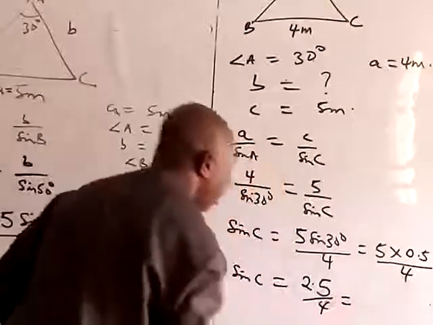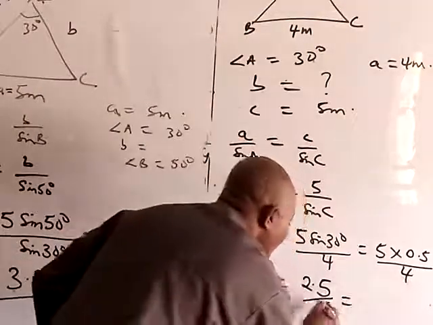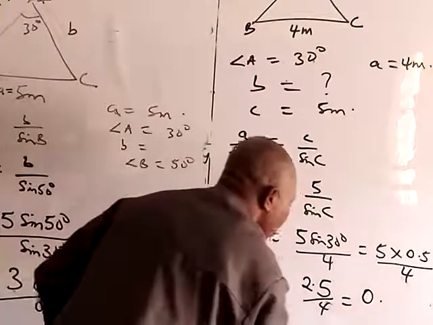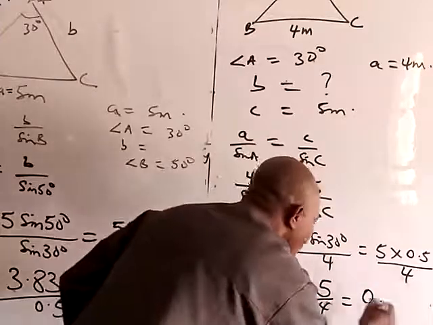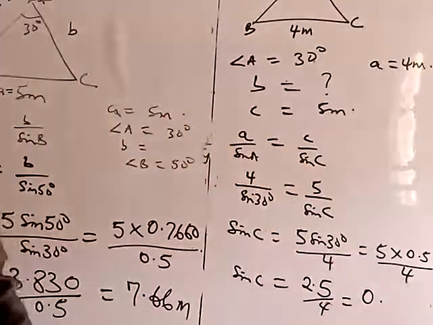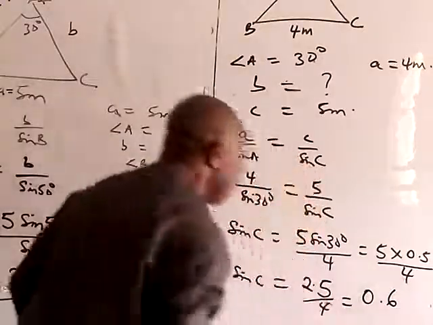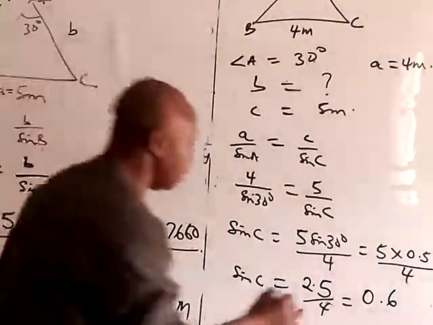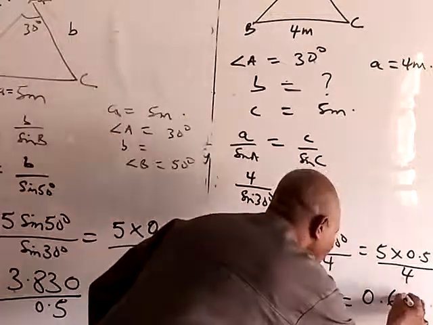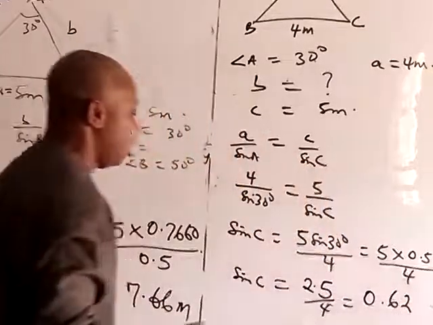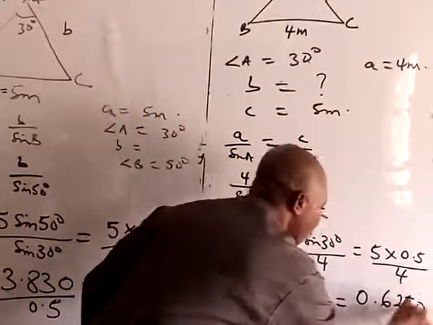Then you have 4 goes into 2, that's 0. In 25, you will have, what is it at home? That will be 6. Remainder 1. In 10, you have 2. 5, 0.